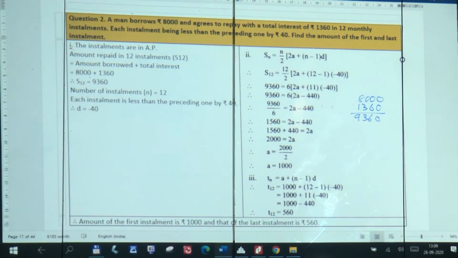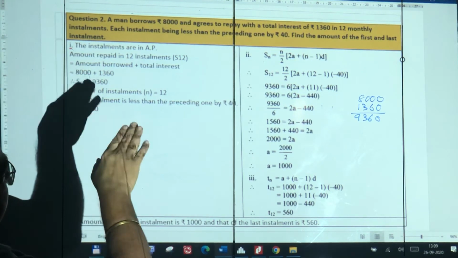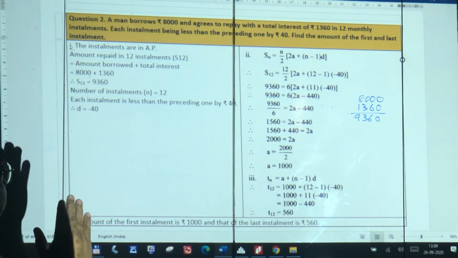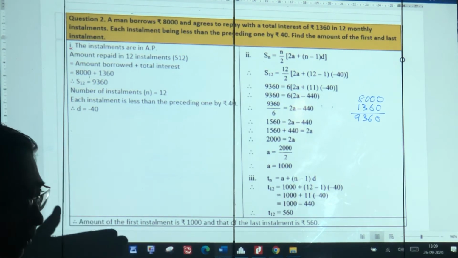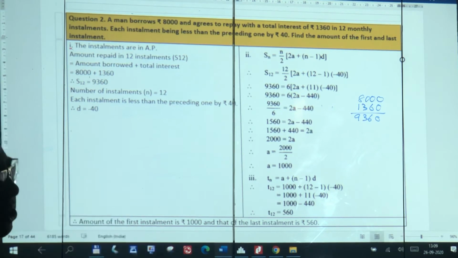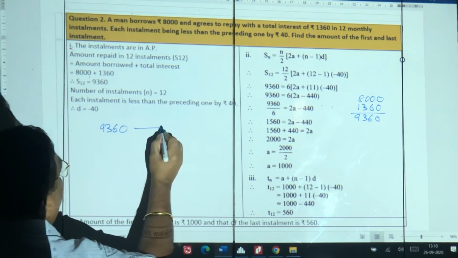First, decide. Now, each installment being less than the preceding by 40, the difference is 40 rupees. Interest will become lesser, not more, when you start paying, because you are going to reach 0. I paid everything. Okay? So when I start from 9360, I am going to 0.